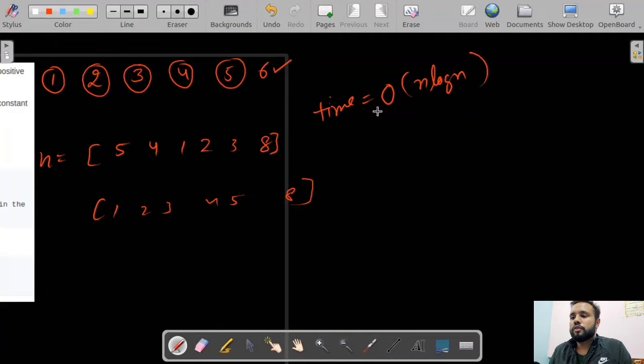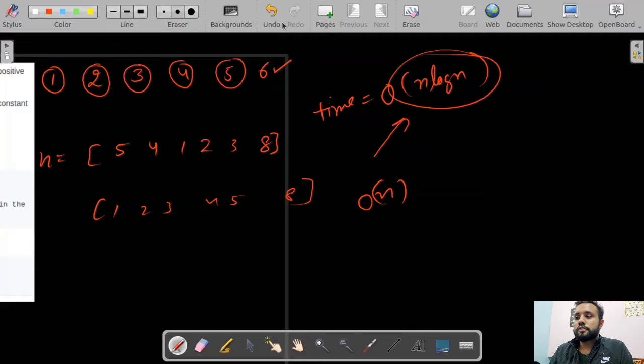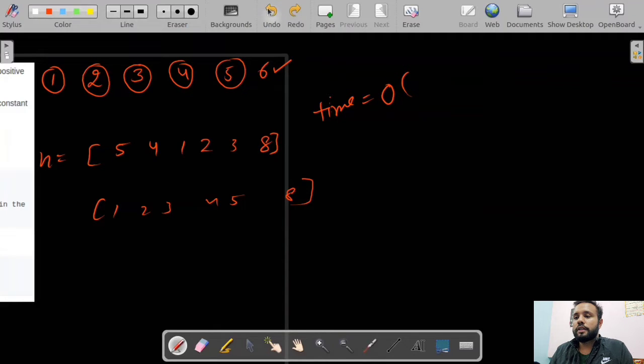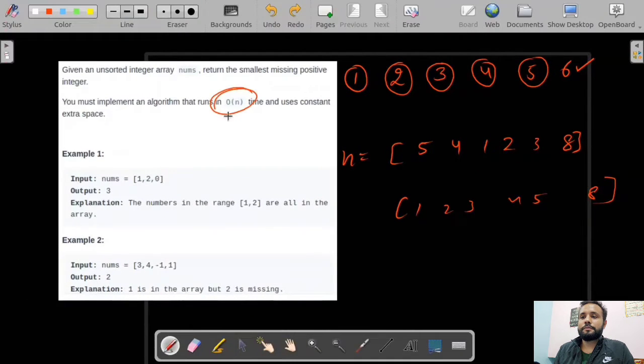After sorting we are just linearly traversing the array, which takes O(n) time. While comparing, we take the larger one, so that is O(n log n). It is much better than n square, but still not our optimal solution, because what we need is this in O(n) time.